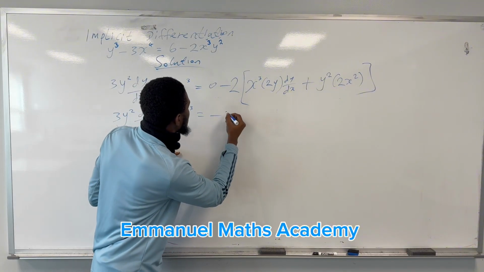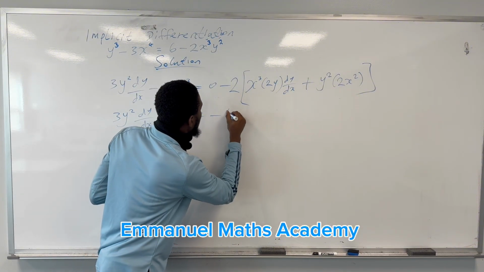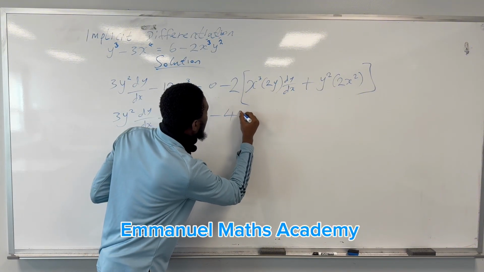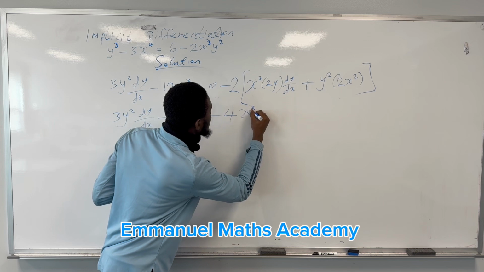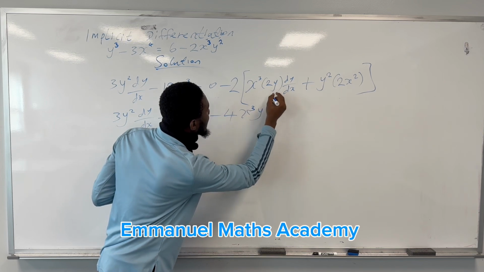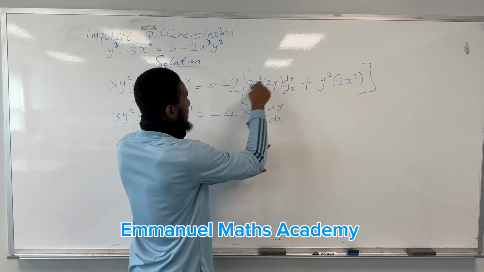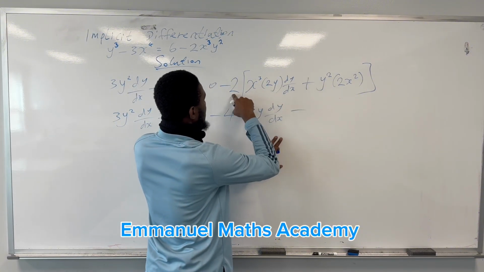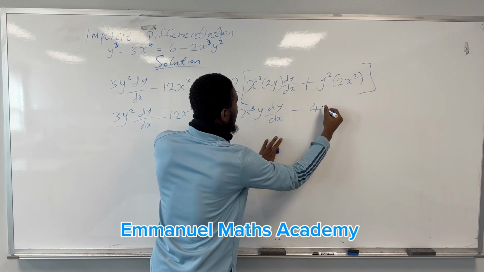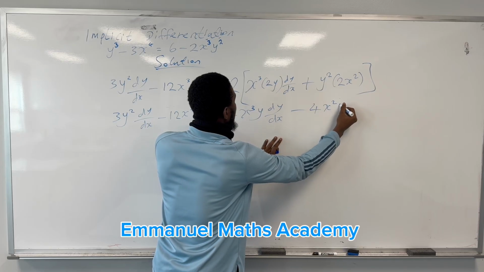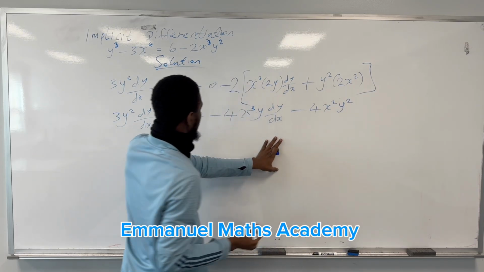You have minus 4x cubed y dy/dx minus 4 again x squared y squared.